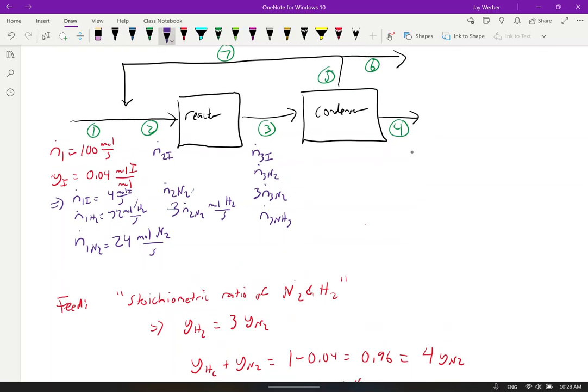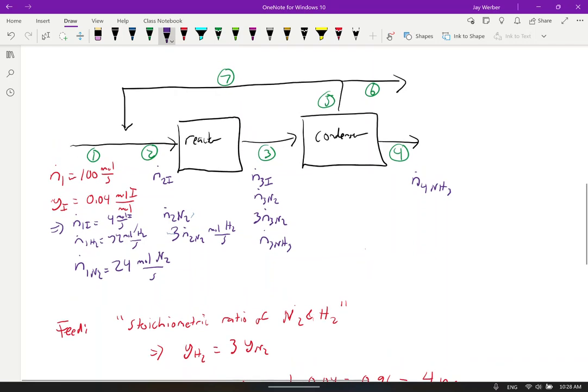Here we have the ammonia coming out in stream 4. And then we have stream 5 coming out. So for stream 5, how should we do this?